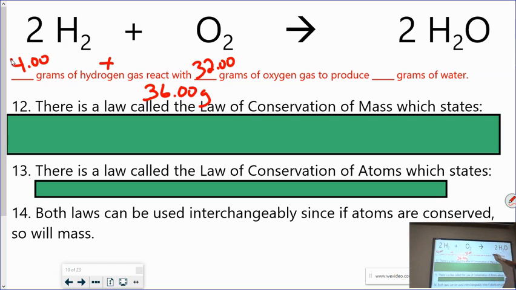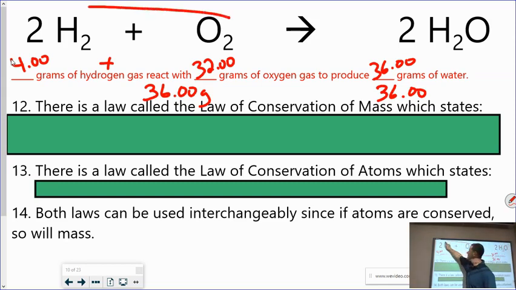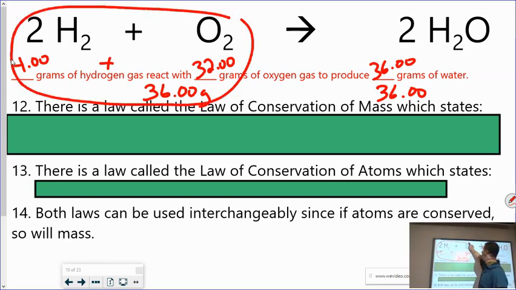And we figured out over here that this is 36.00 grams. So 36.00 grams of reactants reacted in a chemical reaction and made 36.00 grams of product.